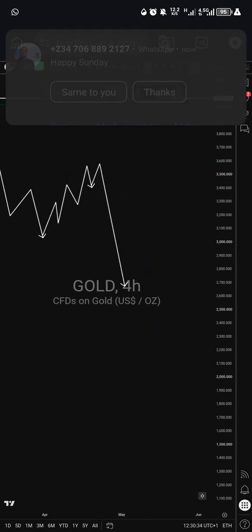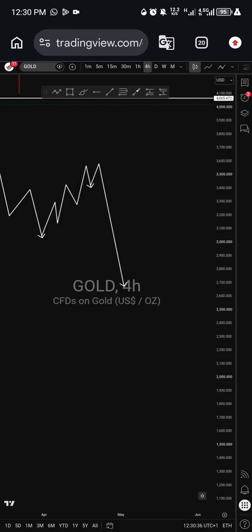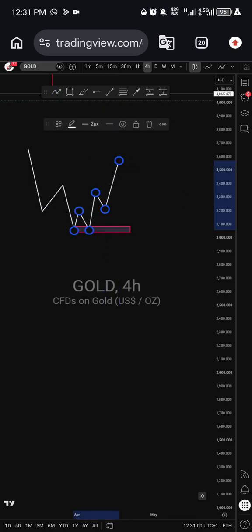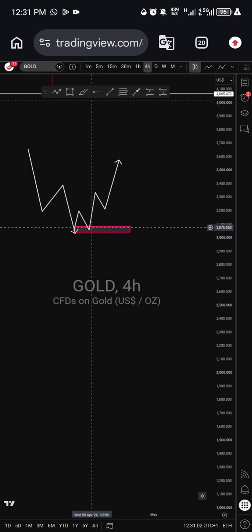But be mindful of this. If you see the market go like this, be careful. Observe where it is retesting from. This may not be a pullback, rather it's going for a change in direction.